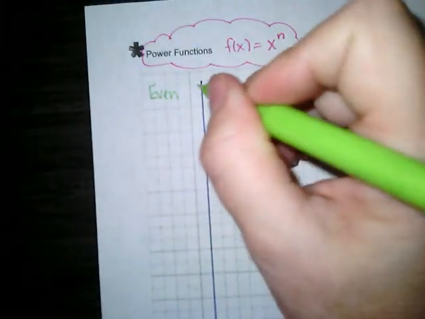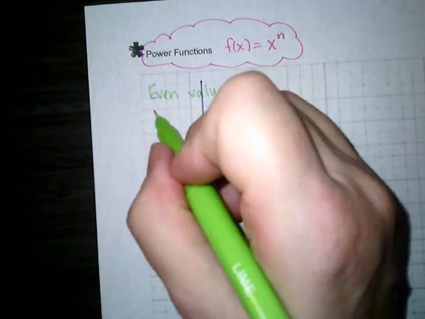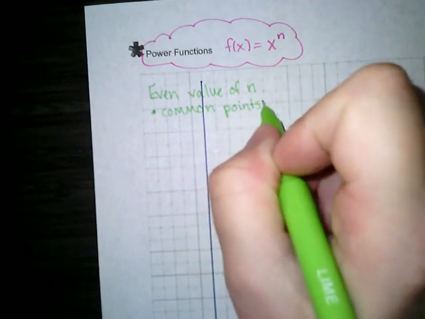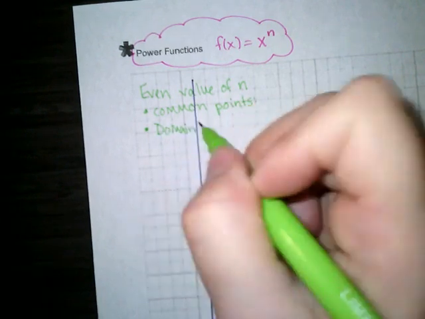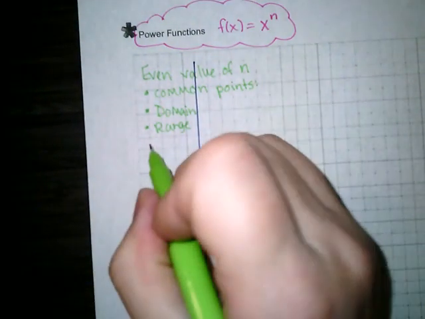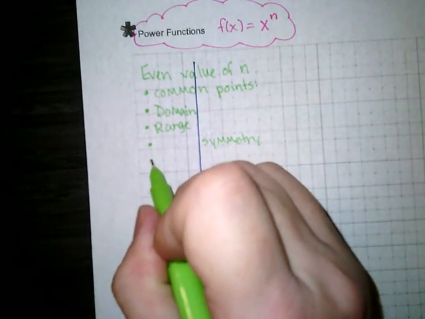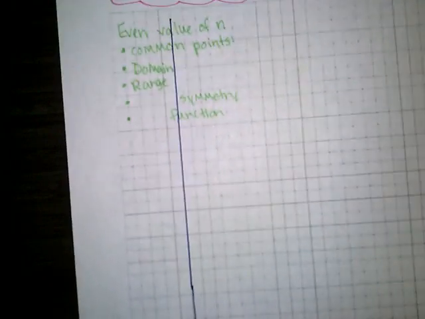So, even value of n. We're going to look at some common points. We're going to look at domain and range. We're going to look at symmetry and whether it's an even or odd function. So those are all the things we're going to be investigating.